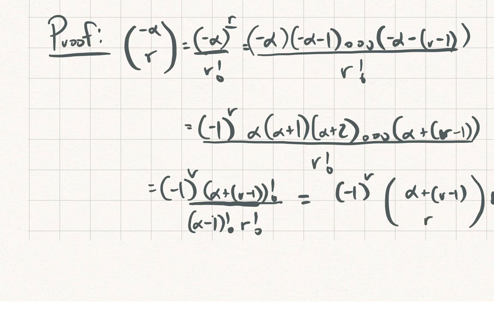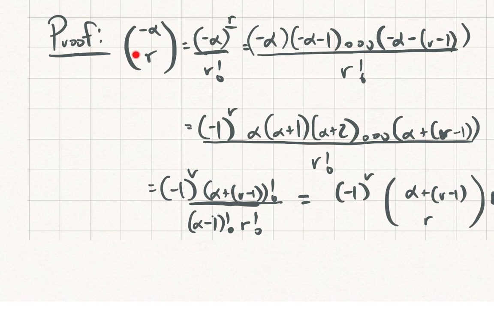We're choosing r things, and we're not choosing the remaining alpha minus 1 of them. So we have r factorial and alpha minus 1 factorial in the denominators here. So when you have a negative number for a generalized binomial coefficient, we can indeed simplify it quite a lot.